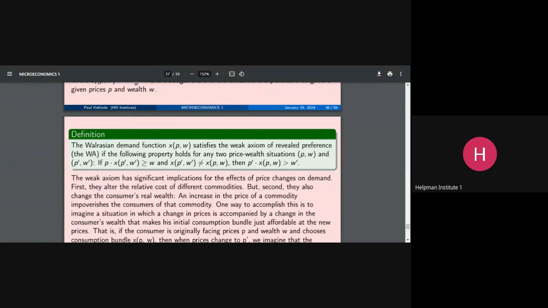So when we have something like this, it's saying that the weak axiom is satisfied if this condition holds. When you multiply the initial price of a particular commodity to a new commodity, the price gives us a weight that we can afford.